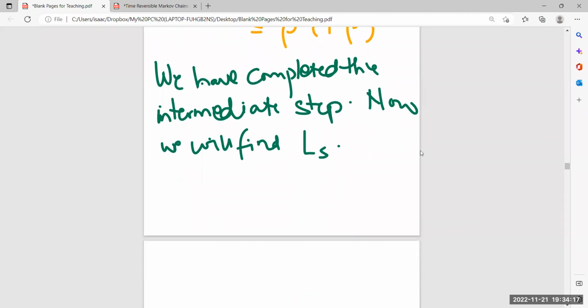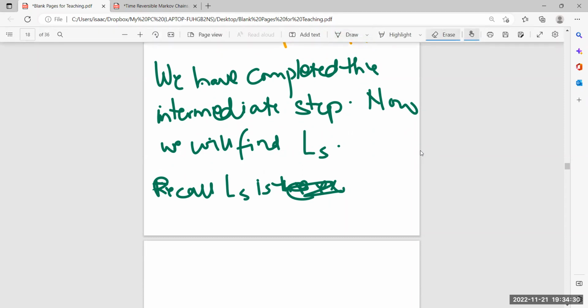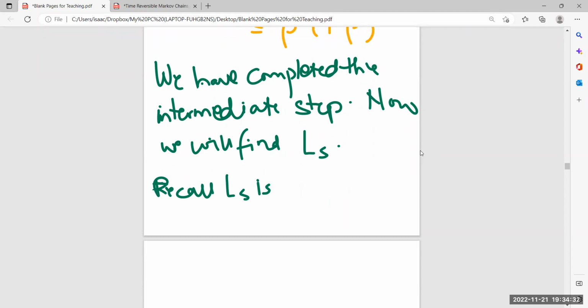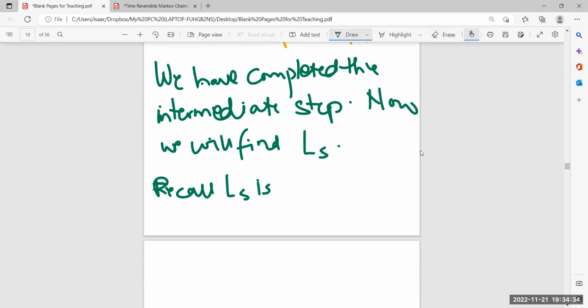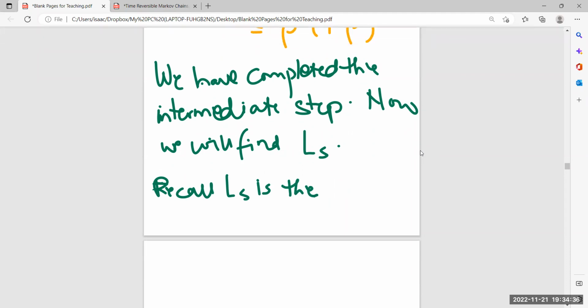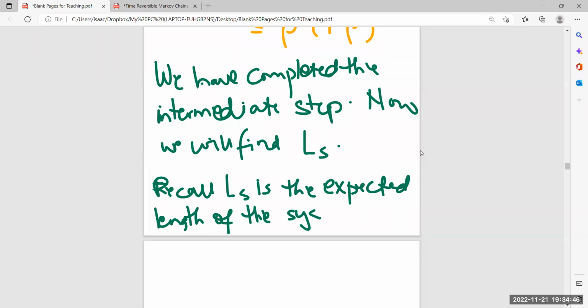So this is the L. So recall, LS is the expected length of the system.